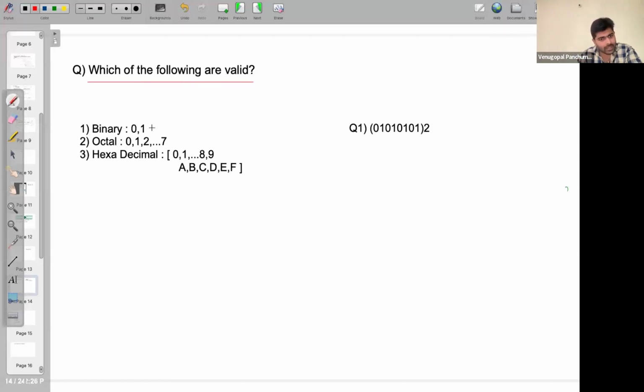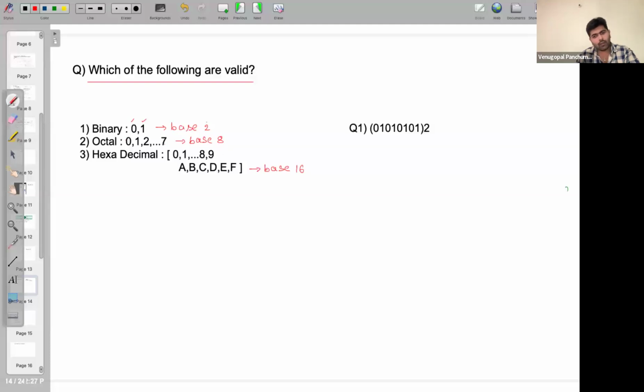In binary, this is base 2. If it is base 2, only 0 and 1 are valid. If it is octal, that means base 8, so only 0 to 7 are valid. Hexadecimal is base 16, so 0 to 9.